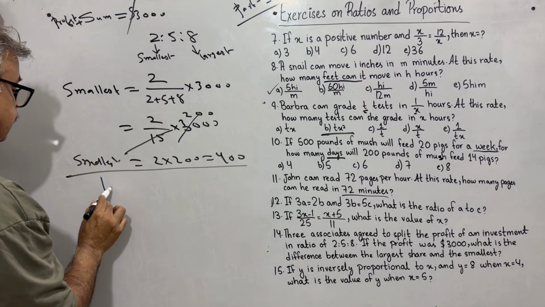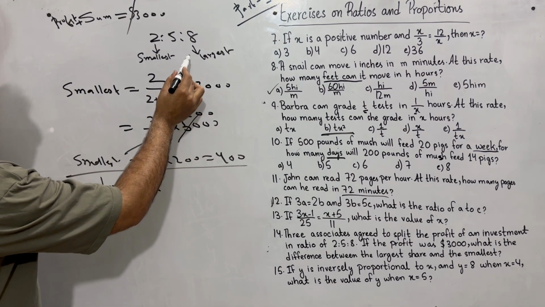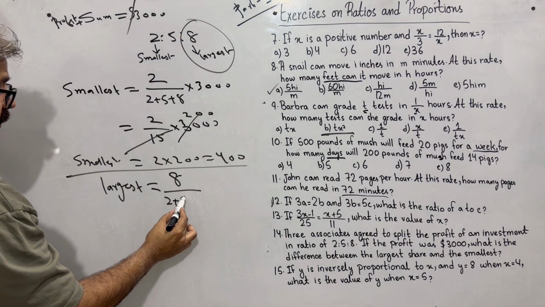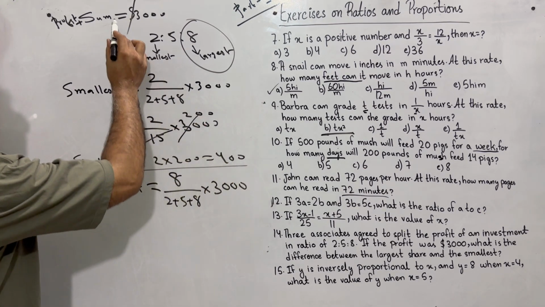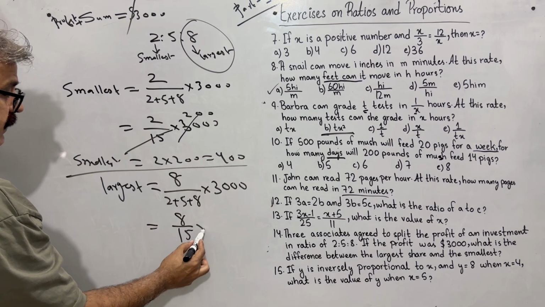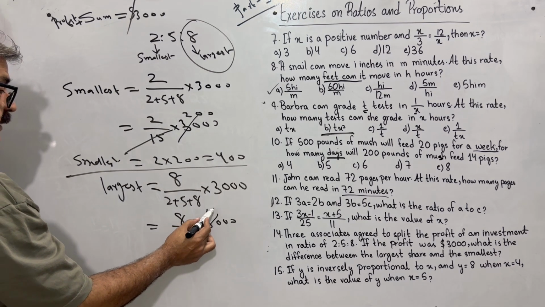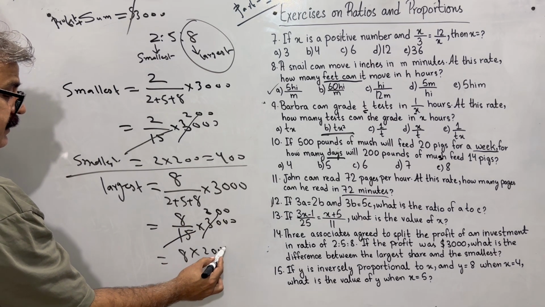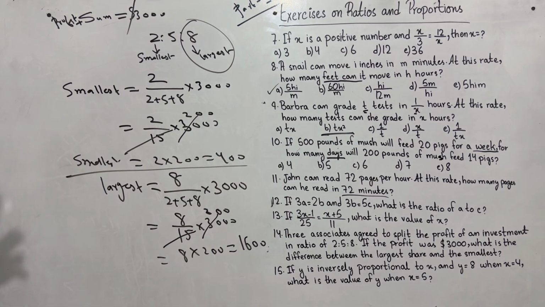What about the largest? In the same fashion, the largest share is the corresponding ratio, the largest, over the sum of the ratios, times the grand sum 3000. 8 over 15 times 3000, 8 times 200, it will become 1600.